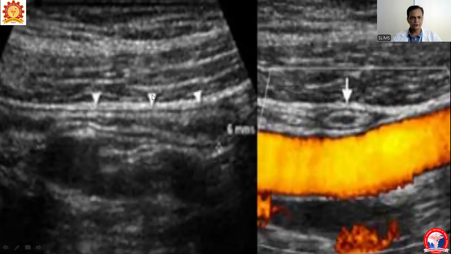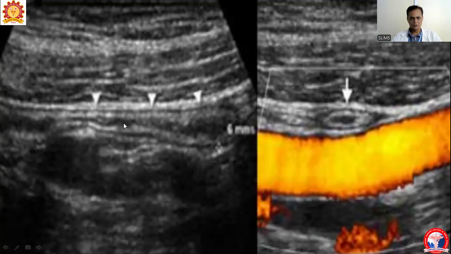This is a sonography image, and here we are seeing the color Doppler image. On the sonography image, this cylindrical, blind-ending structure is the appendix, and this is a blood vessel.